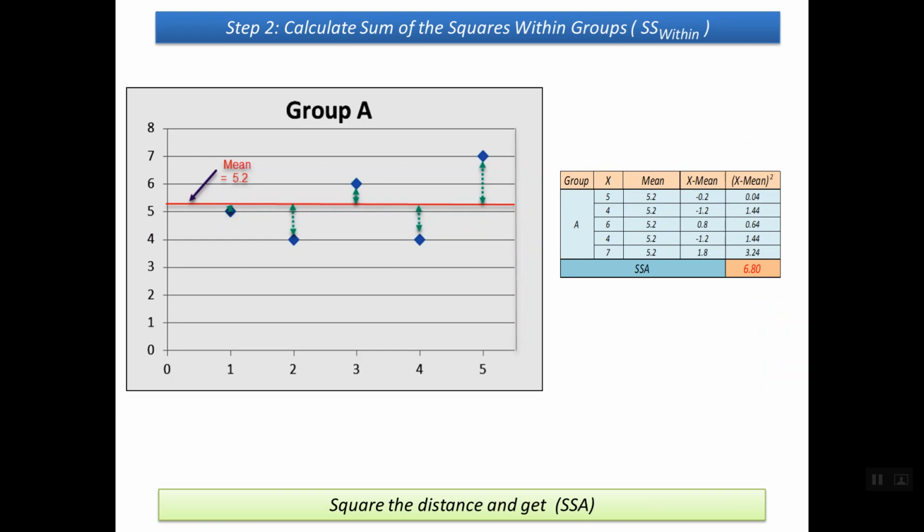So to solve for this, we take the square of all of these deviations and take the sum of all of these squared deviations, and simply it is 6.80. So this is the meaning of the SSA. So the SS for group A represents the variability or the deviations between the scores and the mean for group A.